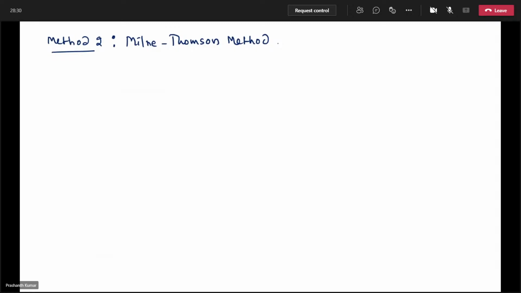So this is the advantage of Milne-Thomson method. If you know only the imaginary part or real part of the function, then simply and directly we determine the analytic function f of z. That is the advantage of Milne-Thomson method.